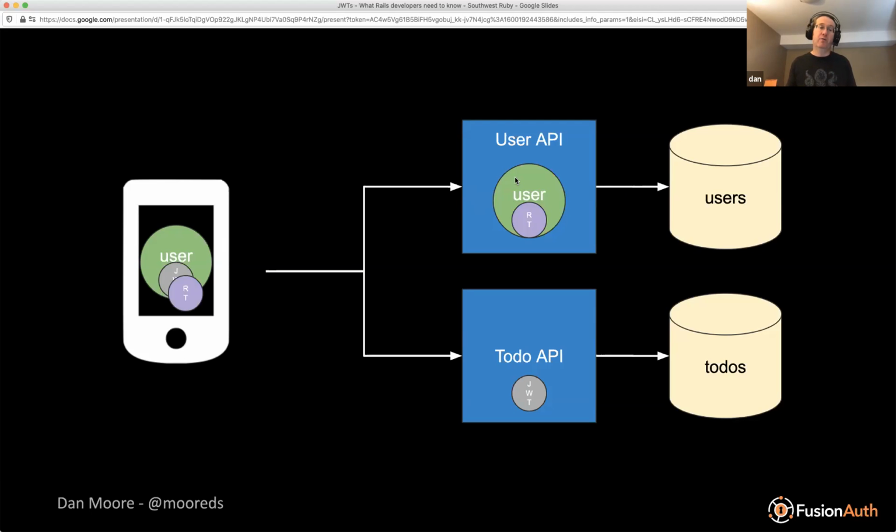And if it's all good, it will issue another JWT. And that JWT will be stored by the client and then presented again to the to-do API. So the refresh token is a way for you to maintain short-lived JSON Web Tokens, but at the same time, not require the user to log in every time a JWT expires.